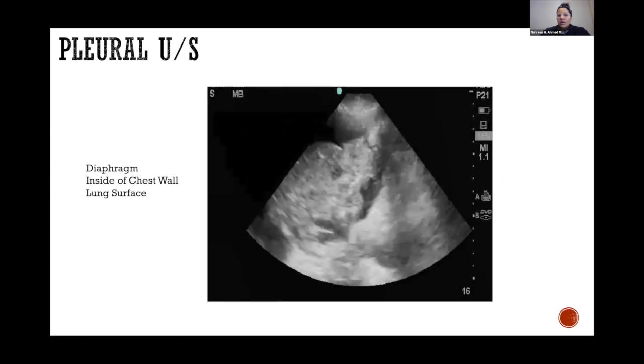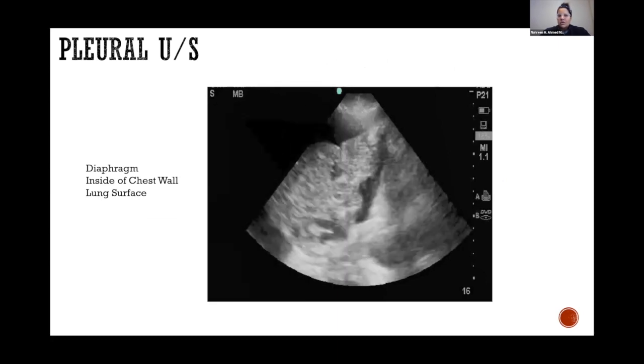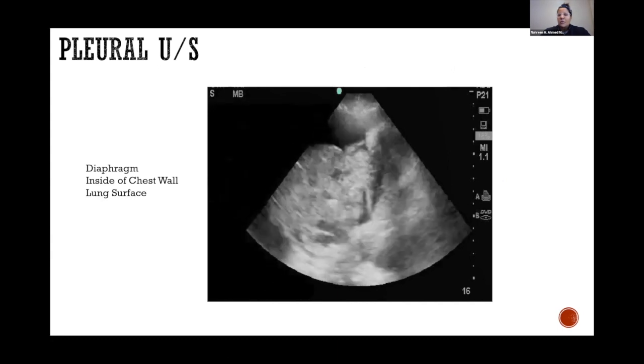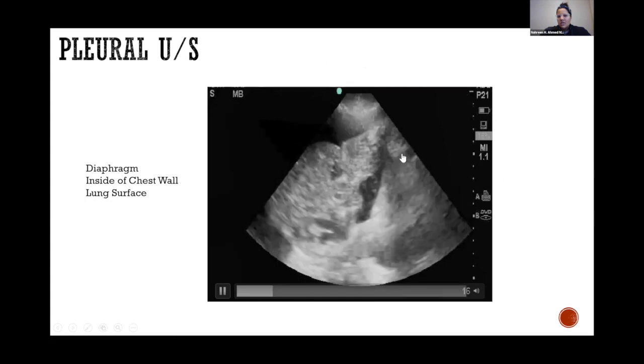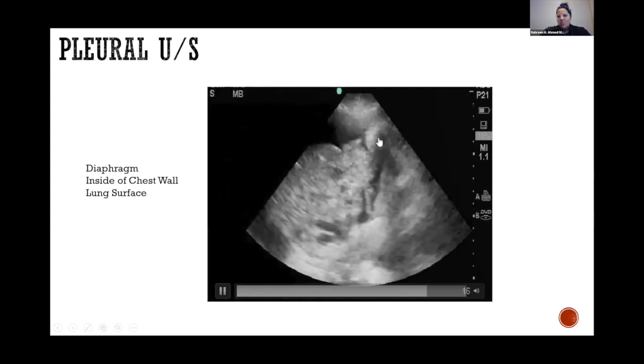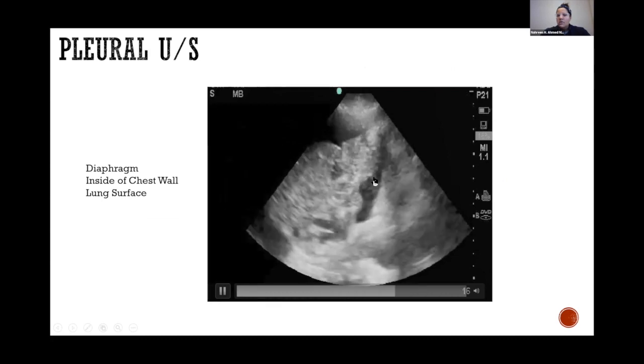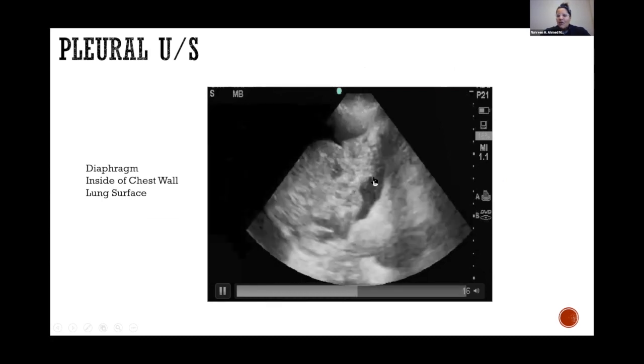And zone 4 and zones 5 and 6 is where you also might start to see some other pleural abnormalities, such as pleural effusion. Here, what you're seeing is the diaphragm, and you're seeing a pleural effusion, which is this black area. So all fluid is seen as black on an ultrasound screen.